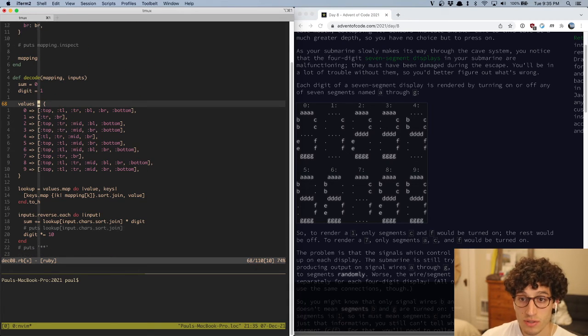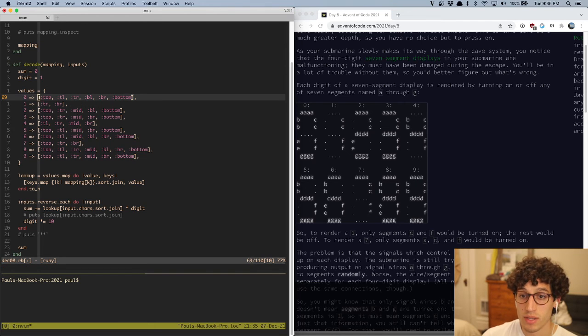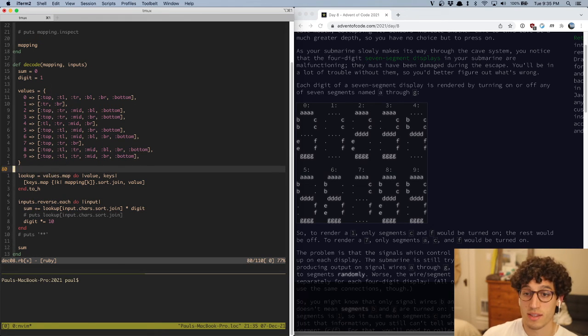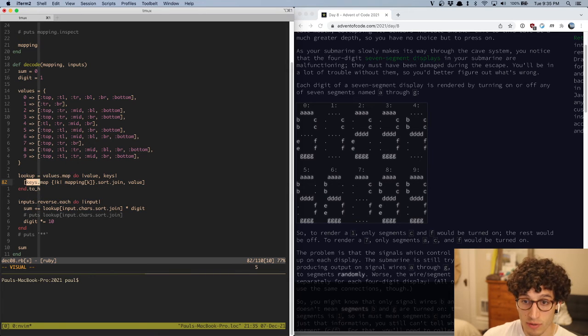And so what I do is, this is a hard-coded map from each number to the segments that it corresponds to. So then I take this map, I map over it for all the keys. I look up those keys in my mapping.